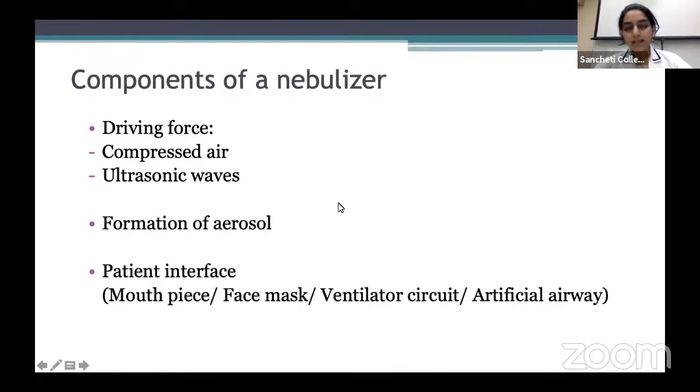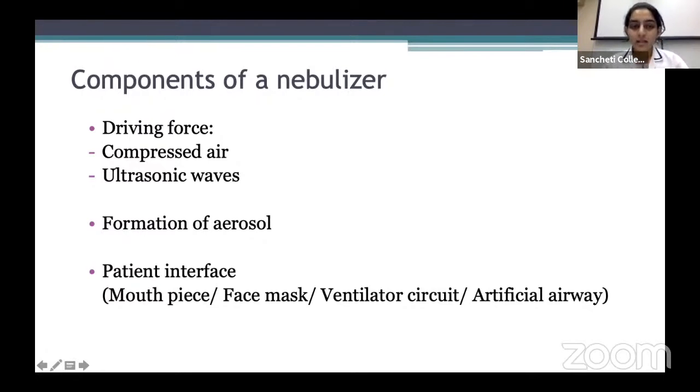Then let's come to components of a nebulizer. So when I say I am using a nebulizer, how exactly is it going to work? What all equipment do I need? Of course, we are talking about aerosol generation or formation of an aerosol. I need some form of a driving force for that to happen. What gives me the driving force is either compressed air or ultrasonic waves.